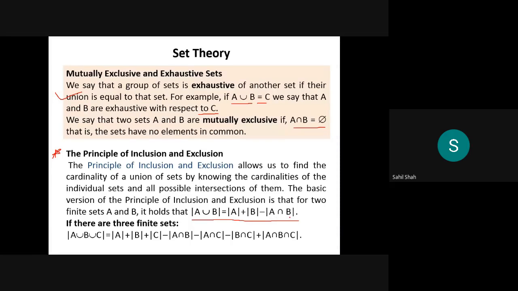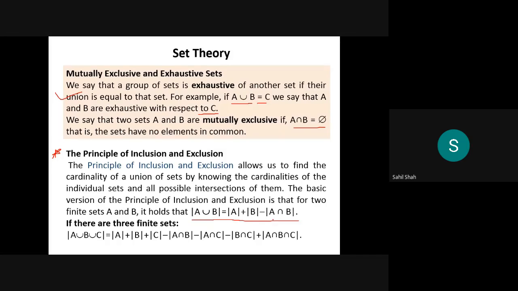Again, a question would arise: why are we subtracting the cardinality of A intersection B? Whenever we take a union, we will have all elements of set A as well as all elements of set B. There might be some elements which are common to A as well as B. So while taking the union, there will be repetition of the same elements, and as per the definition of a set, we want only distinct elements.